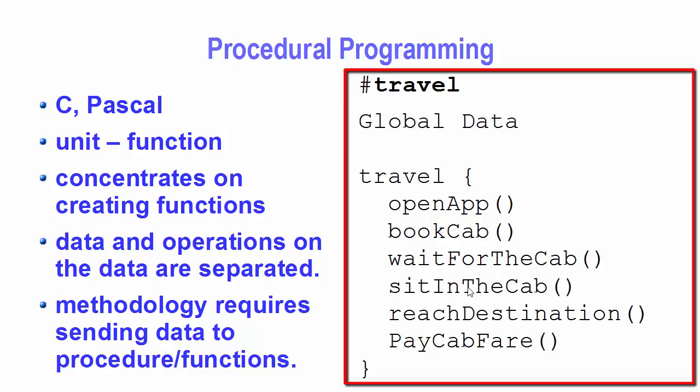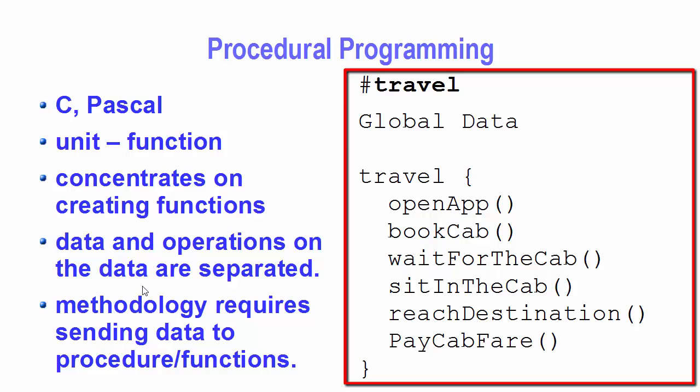This is the pseudocode of that algorithm, and then we will translate this algorithm into actual code in a procedural programming language. In these types of languages, we concentrate on creating functions, and the major drawback of using these functions is that data and operations on the data are separated.